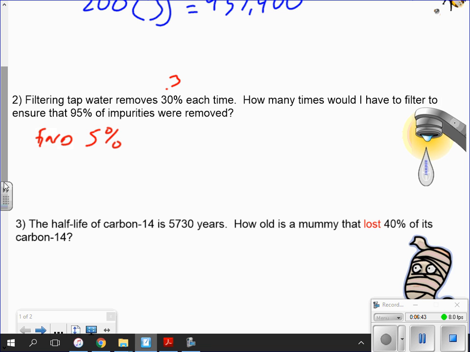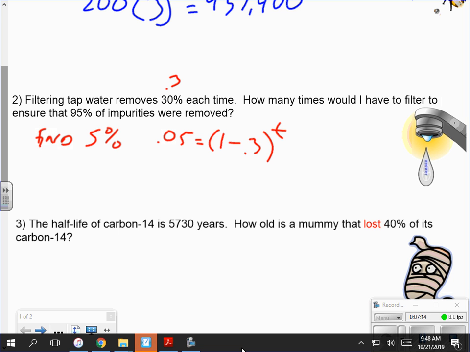So that means I will be using exponential decay. So that means 0.05 is equal to 1 minus 0.3, sorry, 30%, my bad, to the x, or t for time.